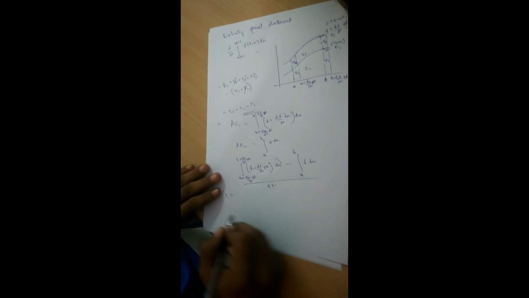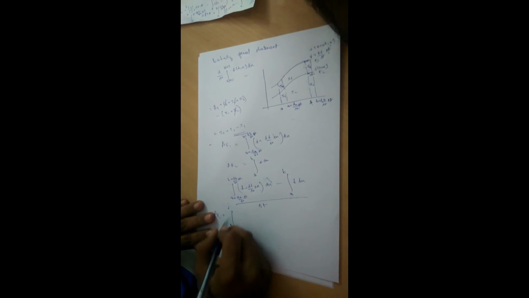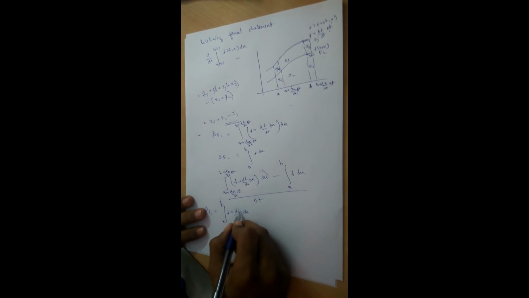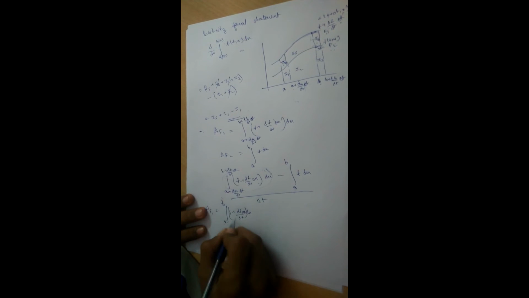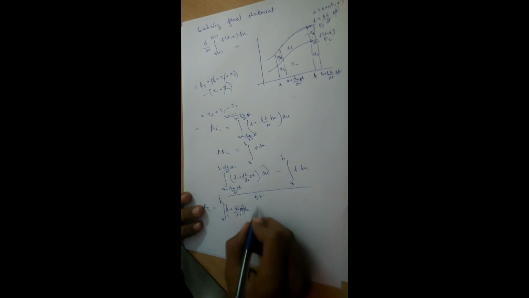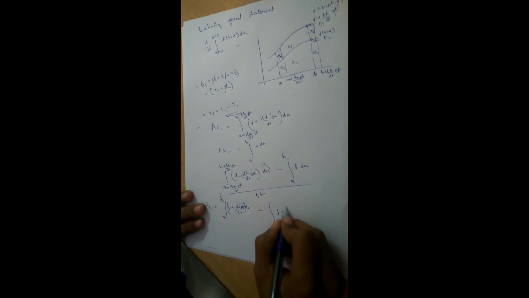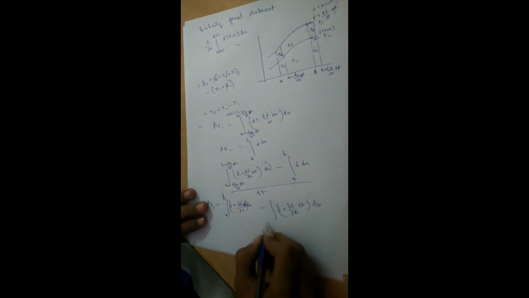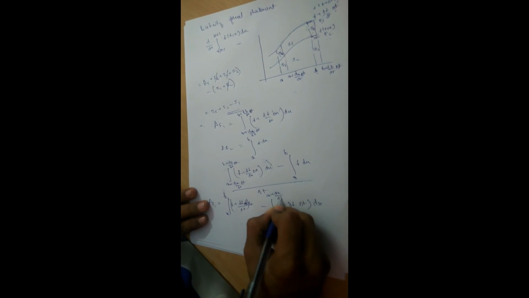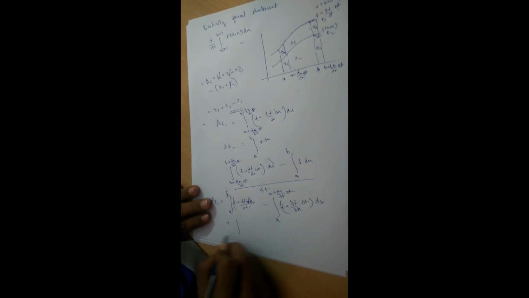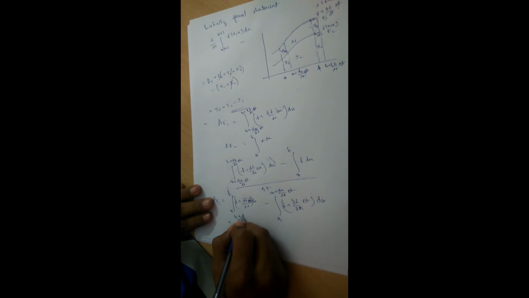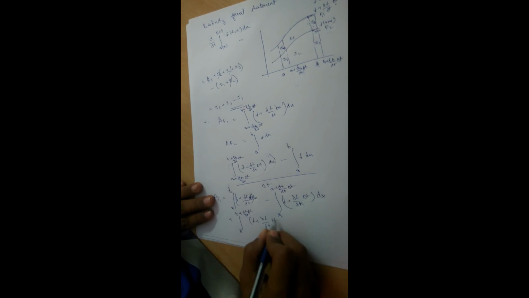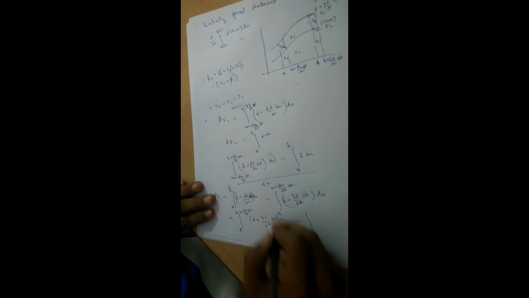AF1 can be written as the integral from a to b of f plus dou f by dou t delta t dx, minus the integral from a to a plus dA by dt delta t of f plus dou f by dou t delta t dx, plus the integral in limits of b to b plus dB by dt delta t of f plus dou f by dou t into delta t into dx, minus this term.